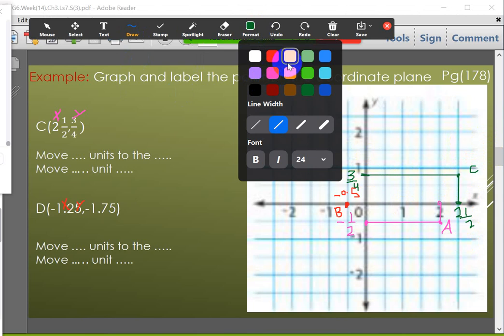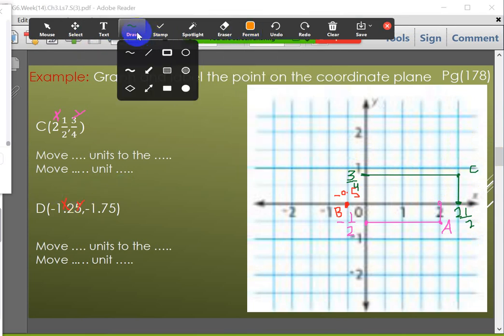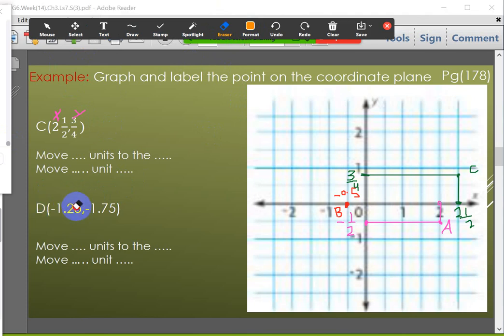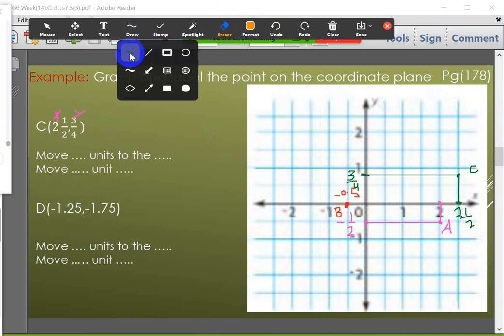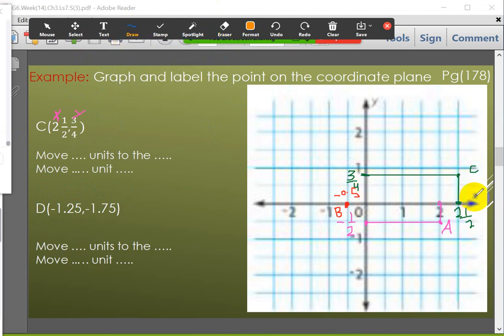Last one is the point D. The x-coordinate is negative 1.25. On the x-axis, negative means on the left side. The number is negative 1.25. That means it will be between negative 1 and negative 2.